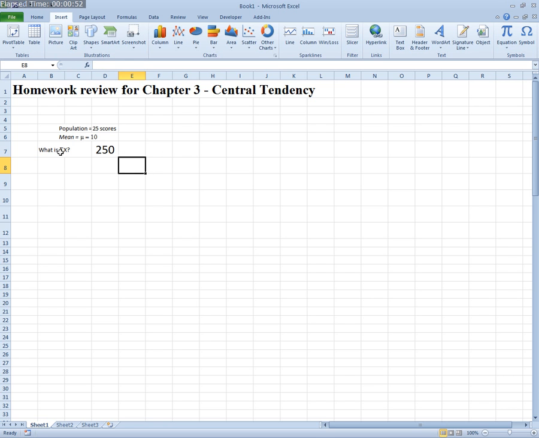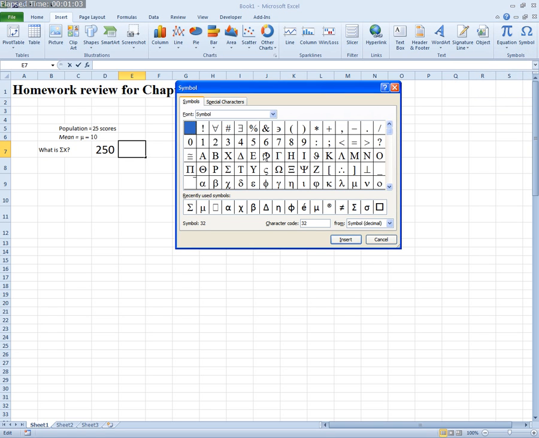Let me show you how to get those symbols in there. Some people are struggling. I go over here, I go insert, and down at the end here is a symbol, and this is real easy to do.